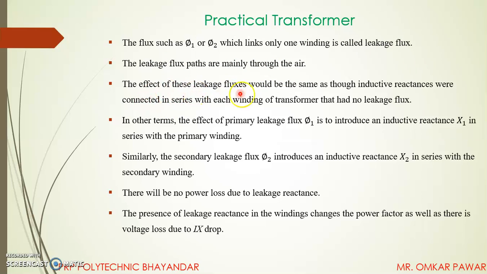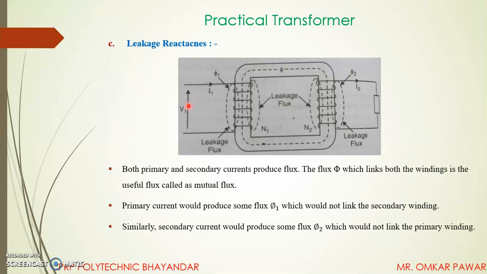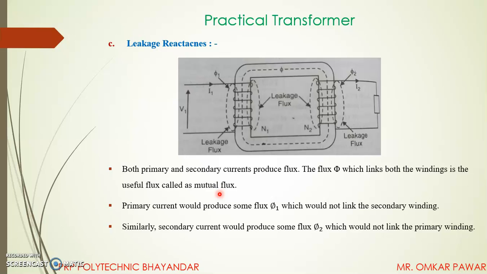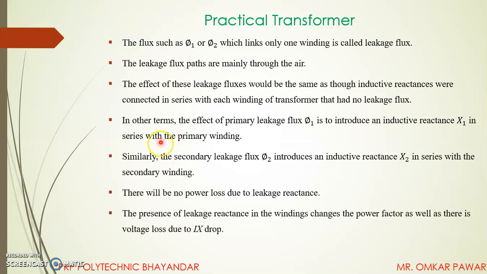So the effect of these leakage fluxes would be the same as though inductive reactances were connected in series with each winding of the transformer that had no leakage flux. So we can represent the leakage flux as X1 or X2. In other terms, the effect of primary leakage flux phi 1 is to introduce an inductive reactance X1 in series with the primary winding.